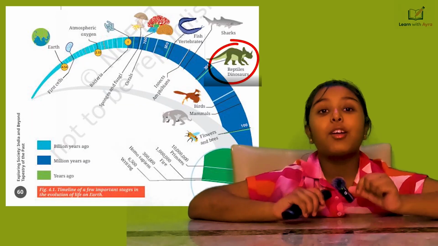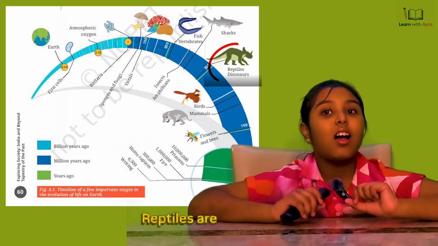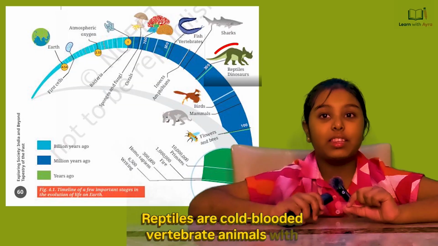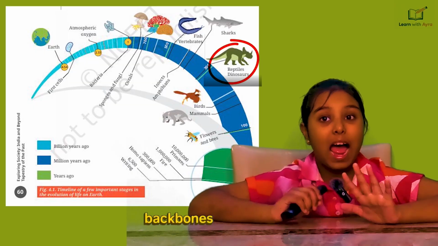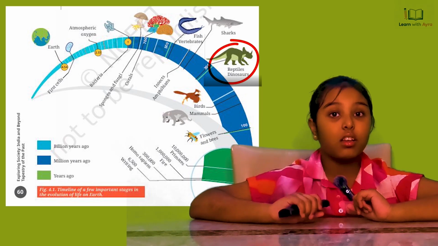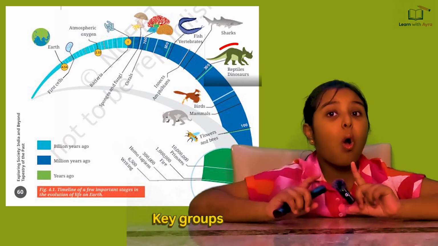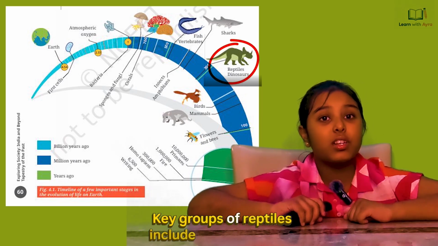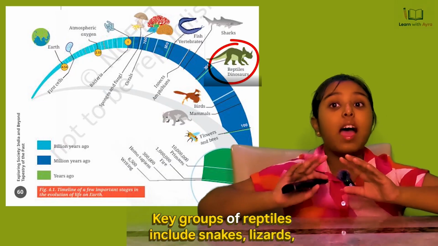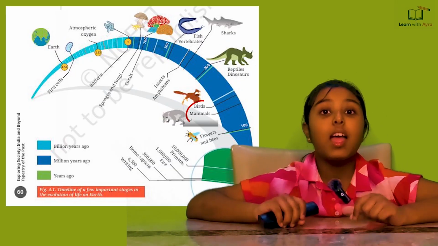Reptiles. Reptiles are cold blooded vertebrate animals with backbones and dry, scaly skin. Key groups of reptiles include snakes, lizards, turtles, and tortoise.